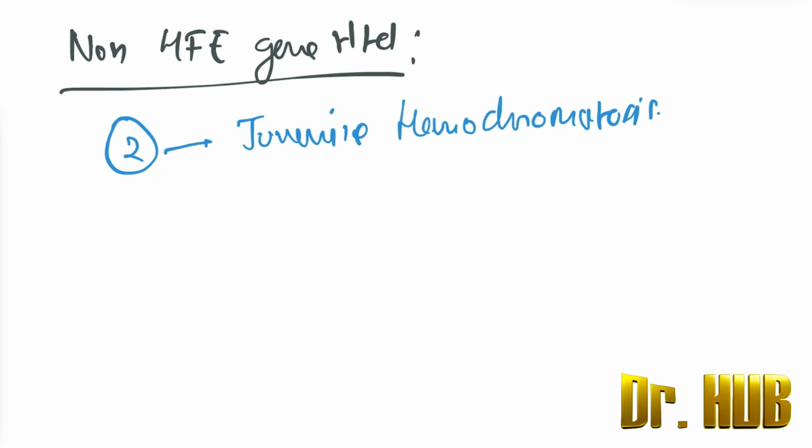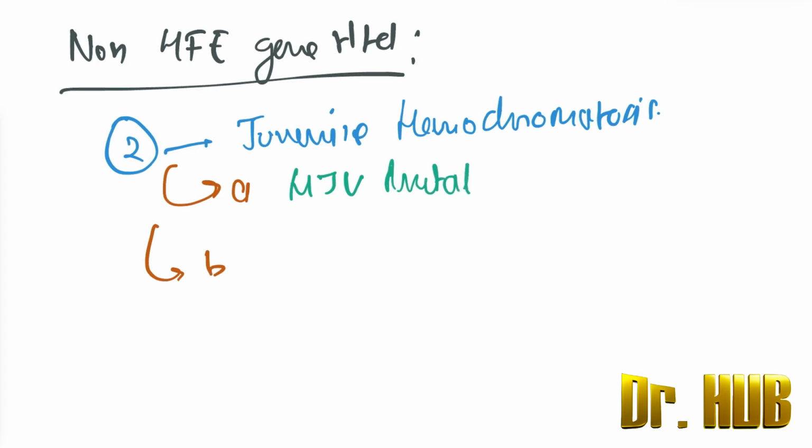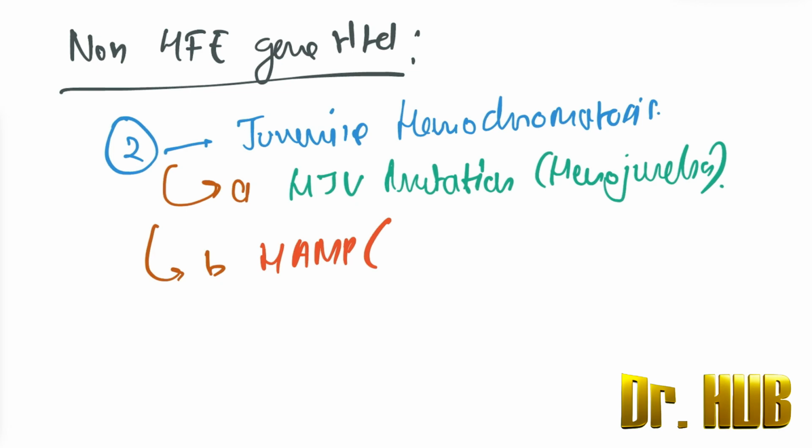Here there is 2A and 2B. What is A? A is the HJV mutation, that is hemojuvelin. Then comes the HAMP mutation, which is hepcidin.